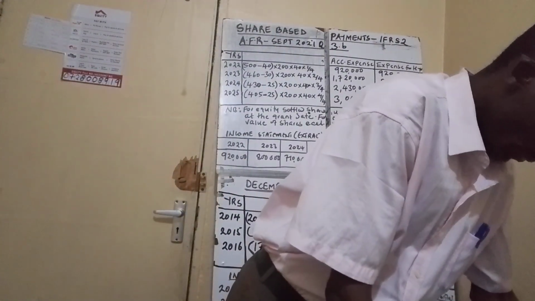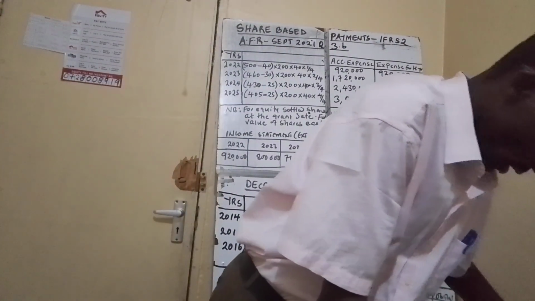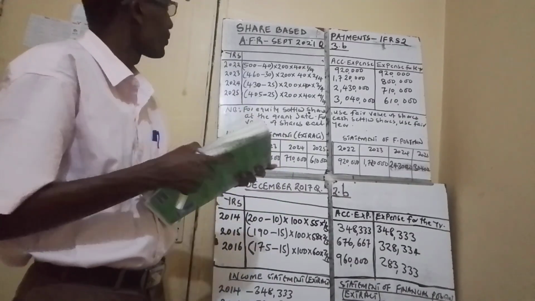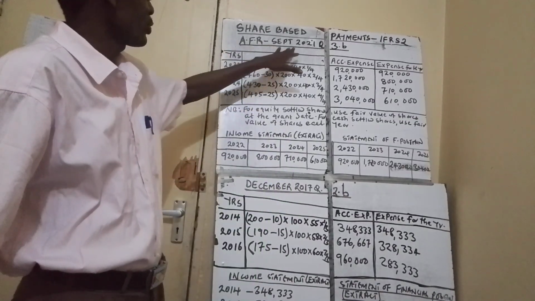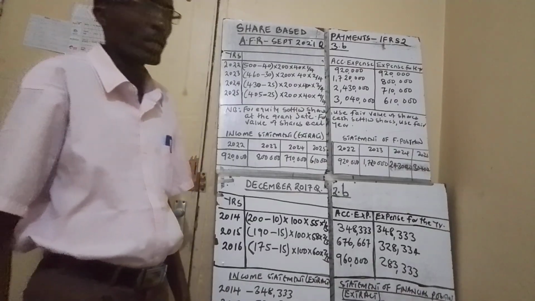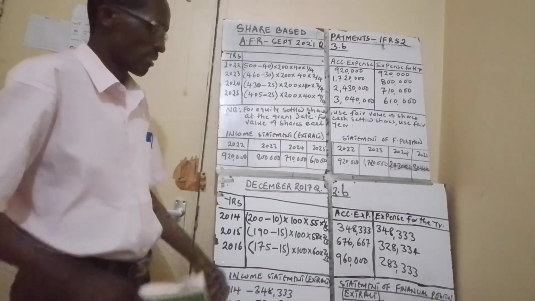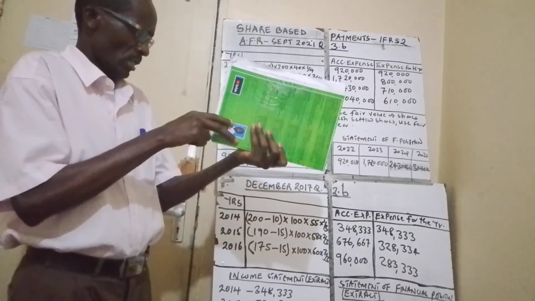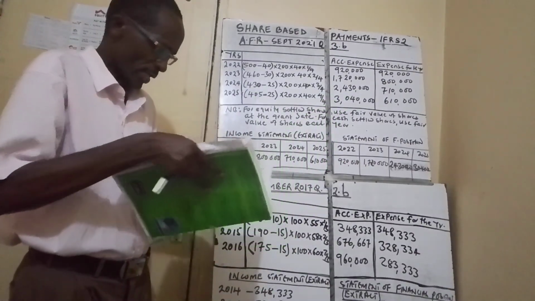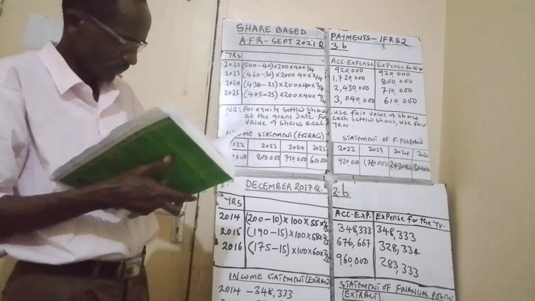Okay, straight away, let's take that particular question. That is September 2021, question 3b, advanced financial reporting. So just open that particular question.